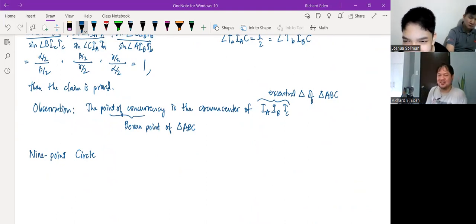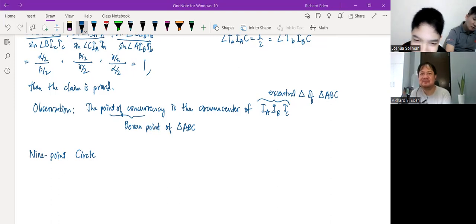Well, actually, the fact that it's a circle means that there are infinitely many points on it.